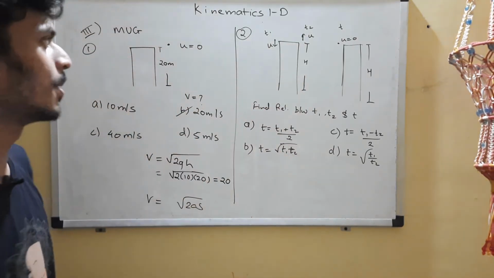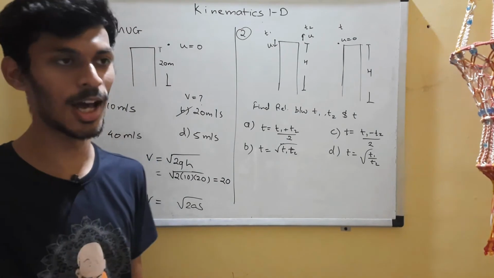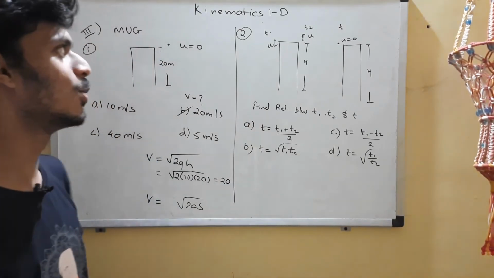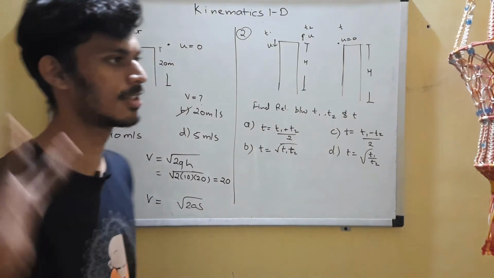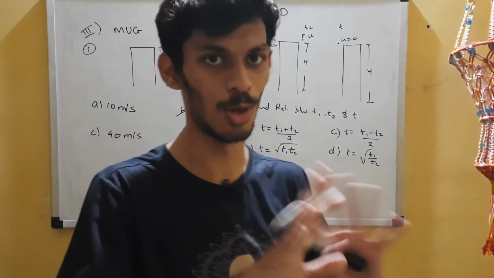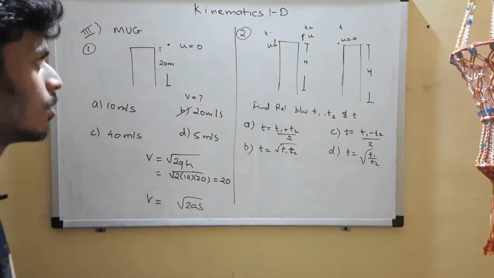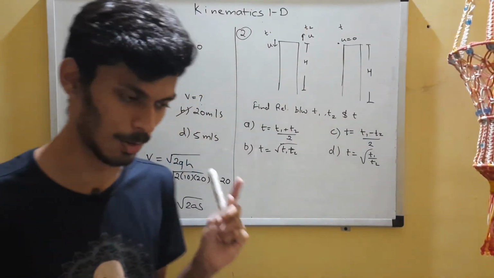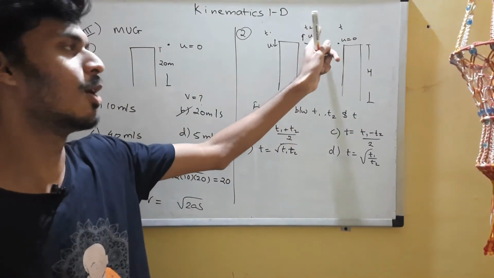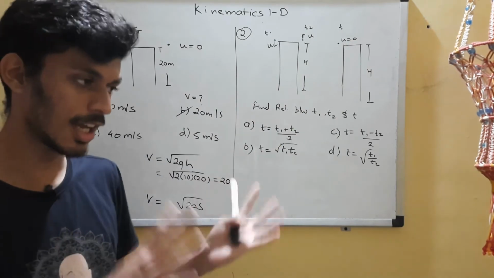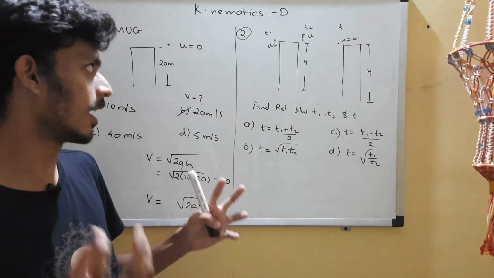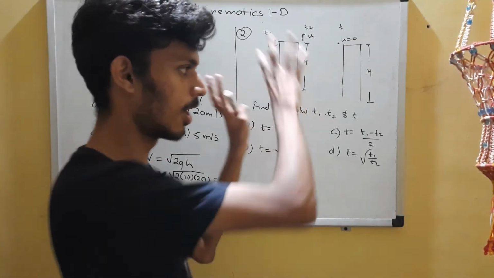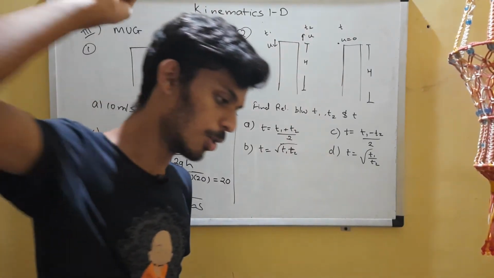Now coming to our second building, here you are going to do 2 things. One, you are going to throw up a ball with certain initial velocity u, not equal to 0 this time. So you throw it up, and you note the time for this ball to reach the ground. This time is noted down as t2. Again, from the same building, you are going to throw it down.